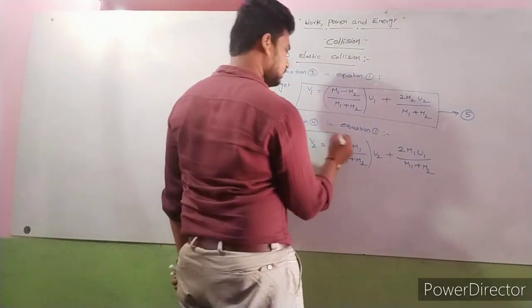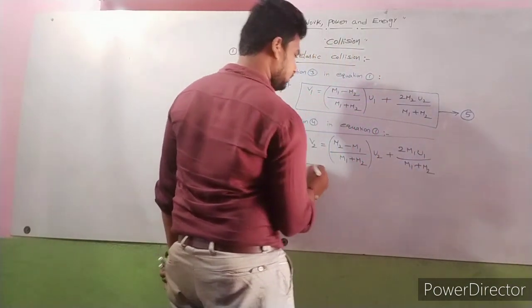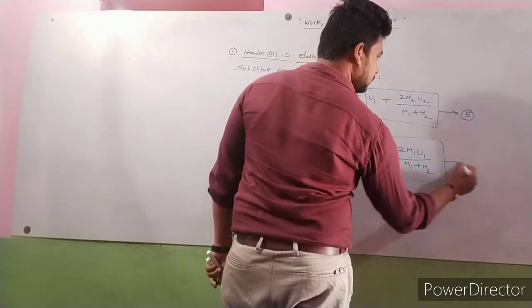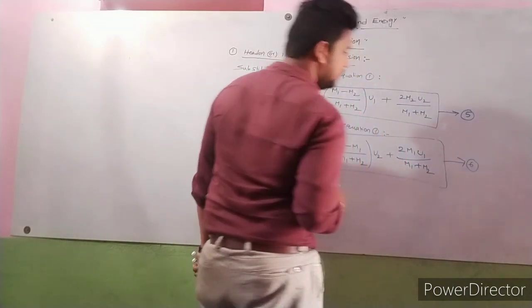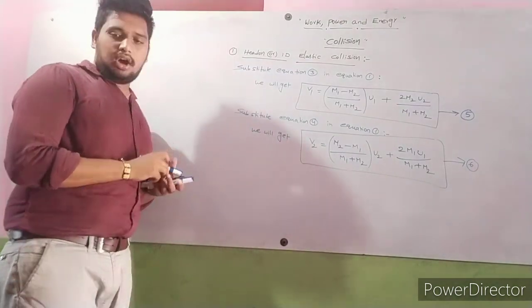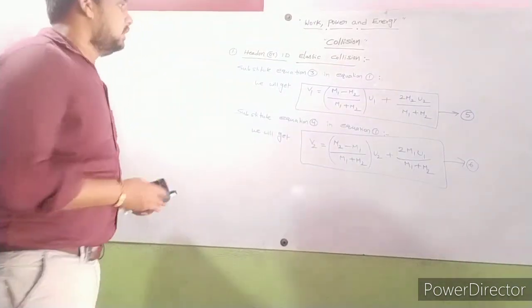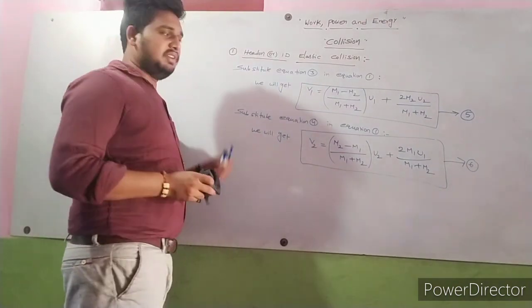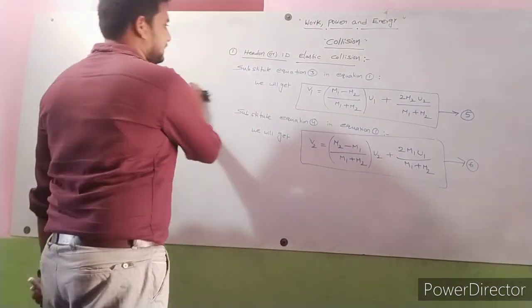So this we got. So these are the final velocities. These are very, very important. Now we discuss: by using equation 5 and equation 6, we apply some cases.